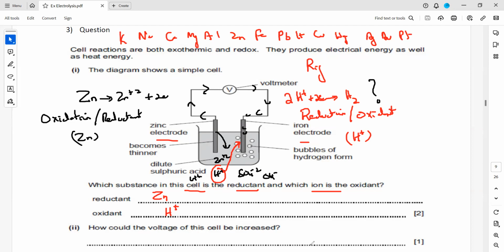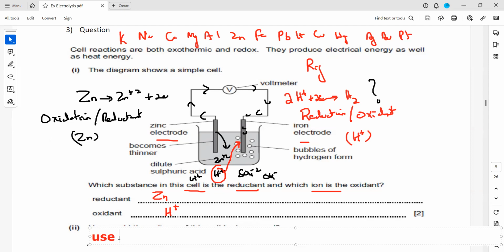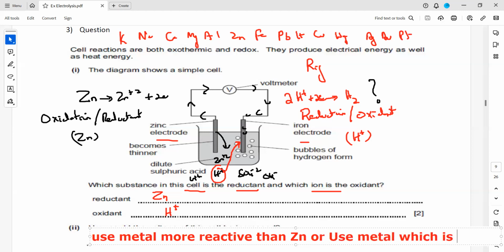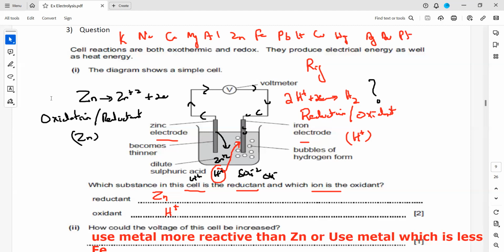Even this is acceptable, because when you say use a metal which is more reactive than zinc, or use a metal which is less reactive than iron, or you can mention use two metals which have a greater difference in reactivity.